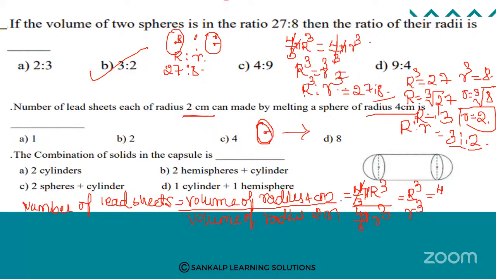R is 4 centimeter cube divided by, here small r is 2 centimeter, that is 2 cube. 4 cube is 64 and 2 cube is 8. That means 8 eights are 64. That means the number of lead sheets is 8. So which option is right here? Option D is right.